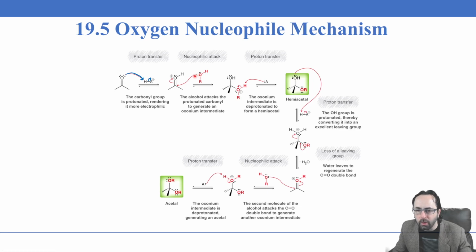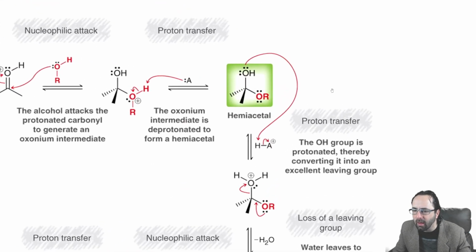But this alcohol, notice the oxygen here, made a bond to the carbon. It also has a bond to another carbon and to a hydrogen with one lone pair. So that gives it a positive formal charge. Now the conjugate base of our acid will then be reprotonated by a proton transfer from the alcohol. And that's going to produce what is known as the hemiacetal here.